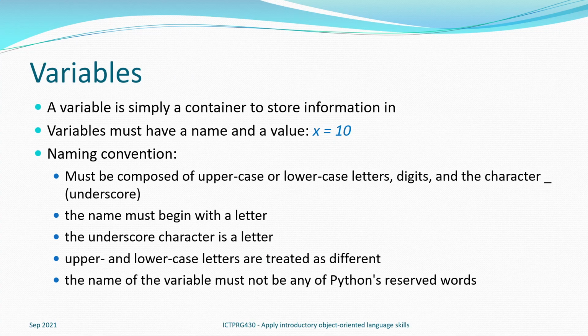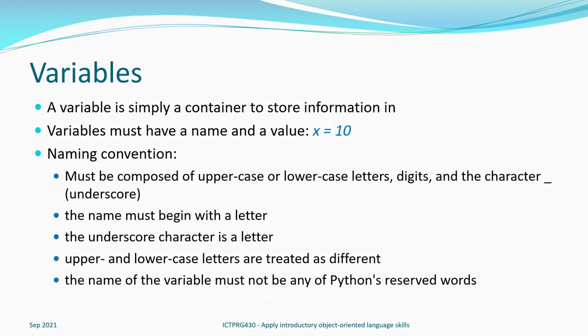Okay, variables are a container that contains a value, whether it's a string, a number, whatever. There's a naming convention for variable names. They must be composed of upper and lowercase letters, digits, or underscores.